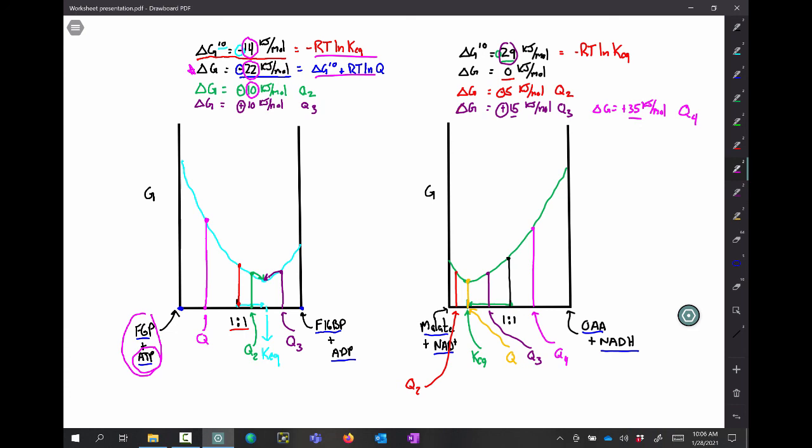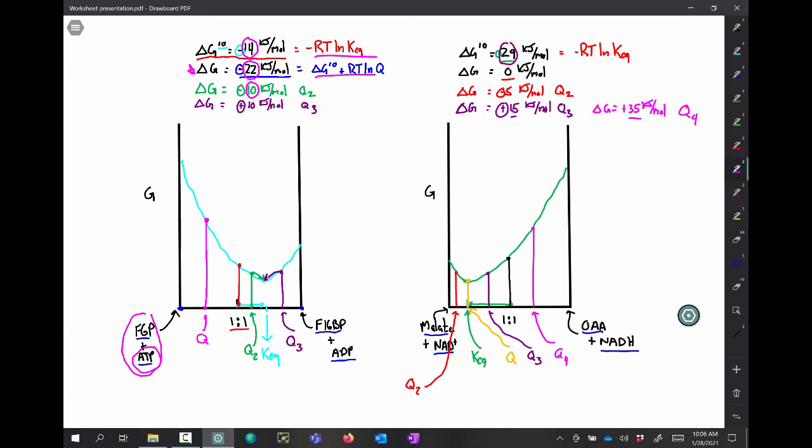The whole concept that I'm trying to get across, though, here, when we look at the difference between standard free energy change and actual free energy change, is that they both end at the same point, KEQ, but they have different starting points, and therefore they have different potential energies. And that's going to be important because as we look at reactions in the cell, typically our actual conditions will differ from standard conditions.